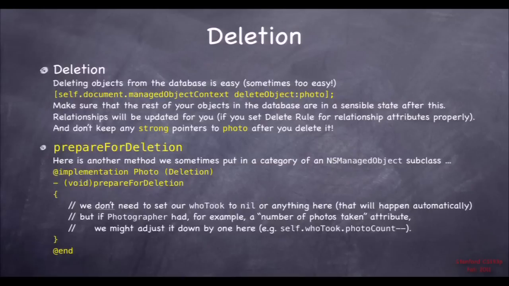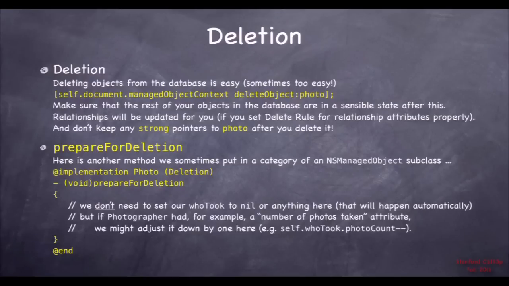You don't have to worry about your relationships; they'll get set up that way. But what if you had something in whoTook, your photographer, which is a count of how many photos it had? You might want to update that count by reducing it by 1 because you're about to get deleted. You're a photo. Does that make sense? So in other words, you might update other state in your database knowing that you're going away.